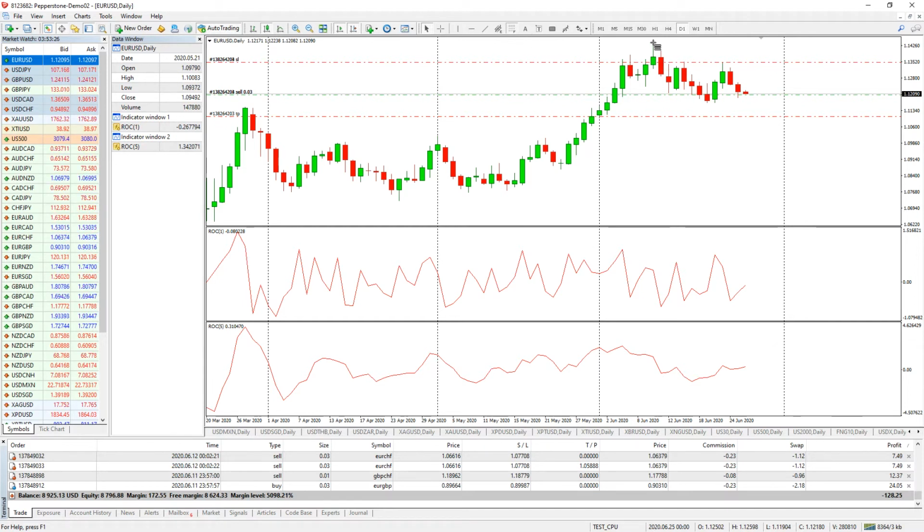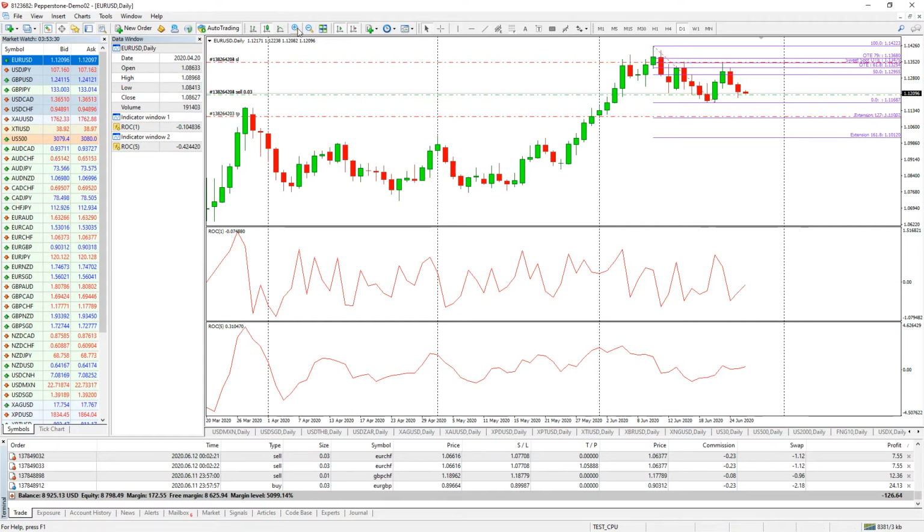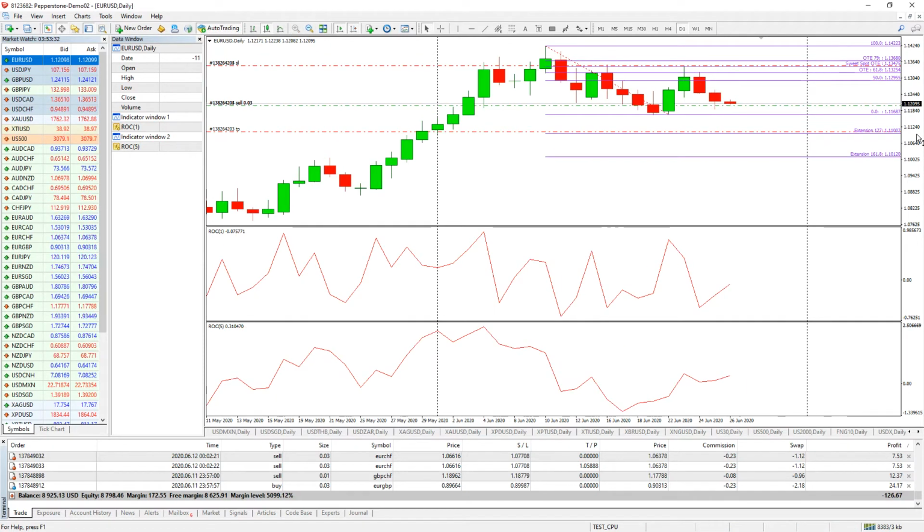So let's pull something up here. What do you see here on the daily? Whether it's a miracle or it's coincidence or whatever you like to call it, you see that price retraced exactly at the sweet spot OTE. And if you think of it this way, price will probably want to go down.